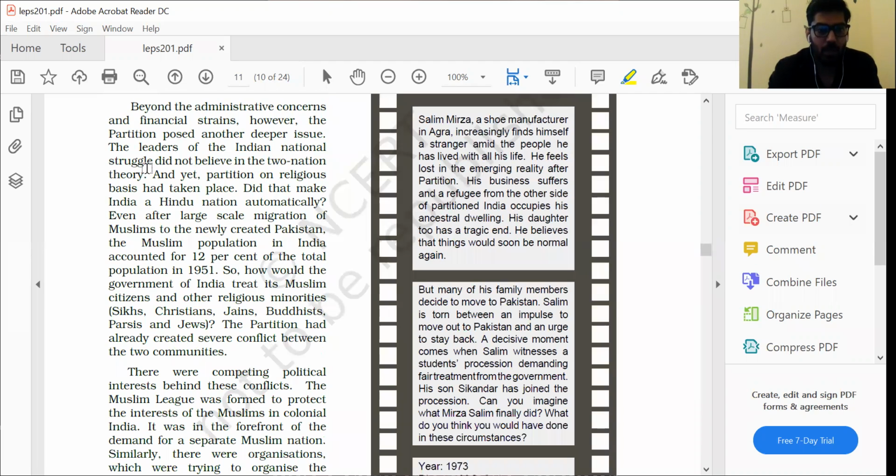The leaders of the Indian national struggle did not believe in the two-nation theory, and yet partition on the basis of religion had taken place. Did that make India a Hindu nation automatically? Even with large-scale migration of Muslims to the newly created Pakistan, the Muslim population in India accounted for 12% of the total population in 1951. So how would the government of India treat its Muslim citizens and other religious minorities, the Sikhs, the Christians, the Jains, Buddhists, etc.?